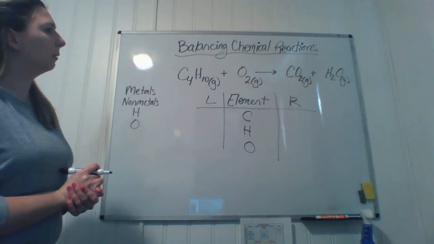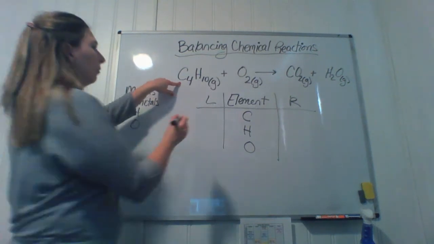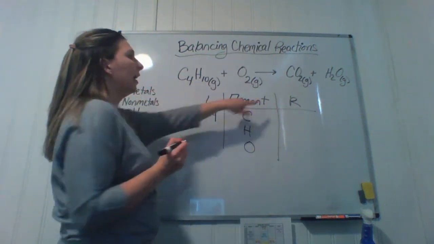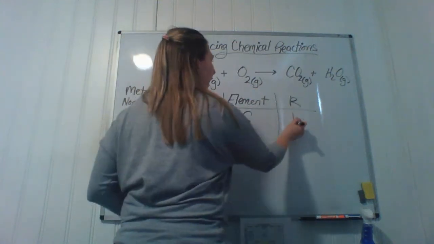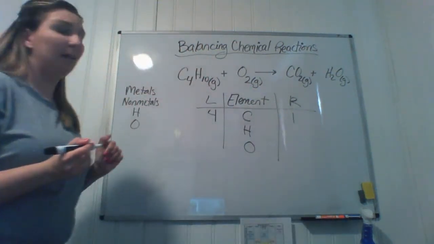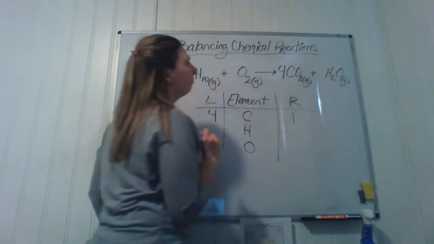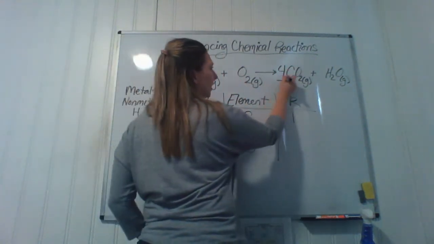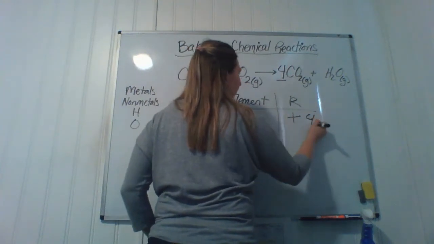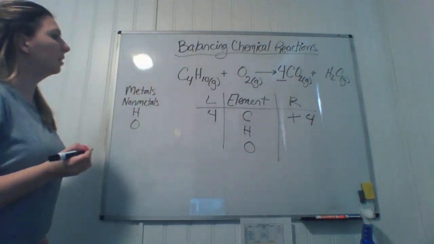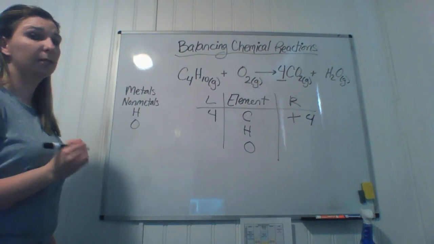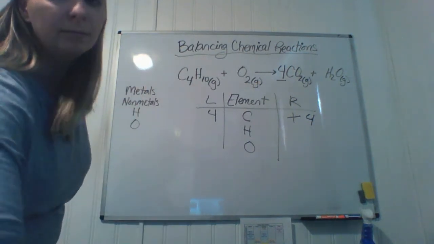So let's begin with the carbon. There is 4 carbons on the left and 1 carbon on the right. So we need to balance the carbons by putting a 4 in front of the carbon dioxide gas. Okay, so now the carbons are balanced. Let's move on to the hydrogen.